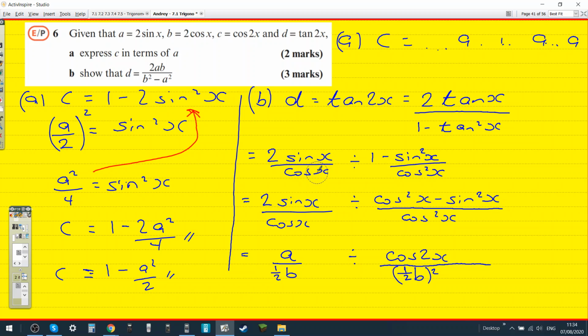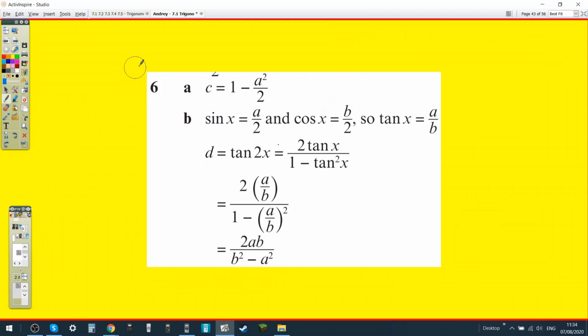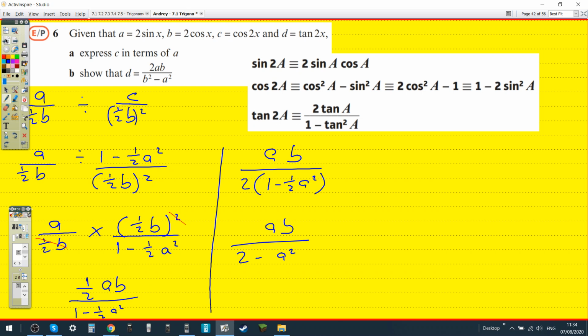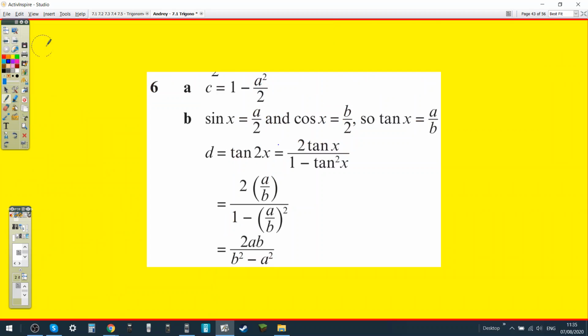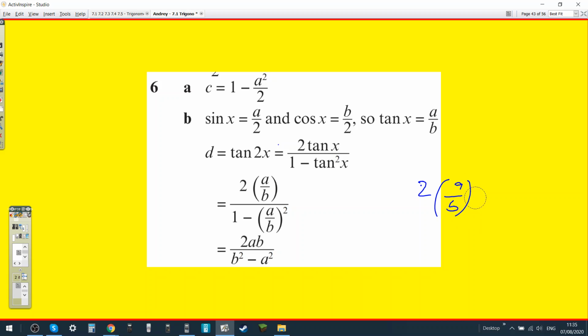Sine x is A. Cos x, uh, 2 times A over B is 2A over B. Yeah. B isn't cos x, B is 2 cos x. Nope, Bookie's not right about that. Am I crazy? 2A over B is the same as 2A over B. And that's because 2 is the same as 2 over 1.